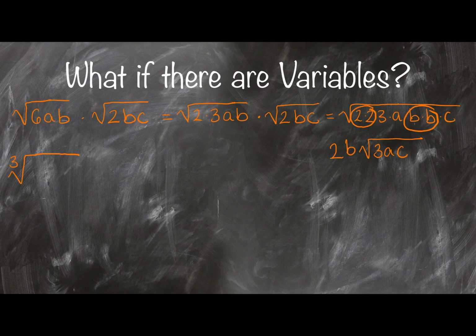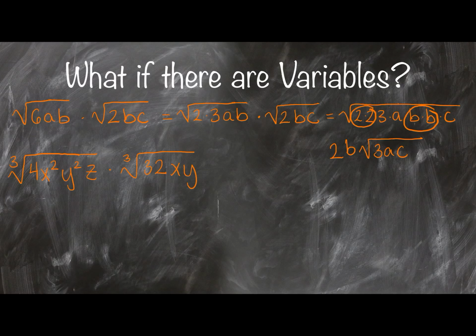What if we have some cube roots? Let's try this one. Let's say I have the cube root of 4x squared y squared z times the cube root of 32xy.